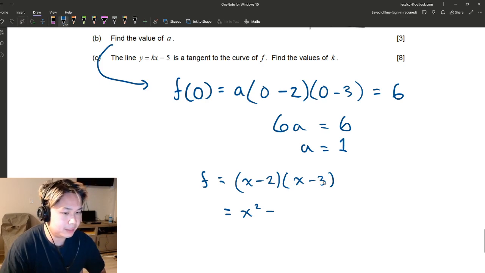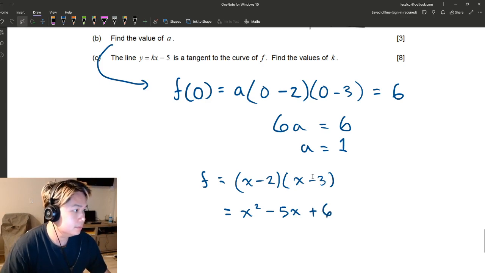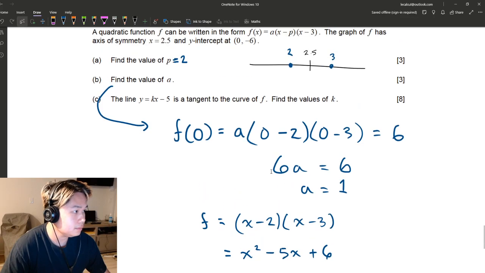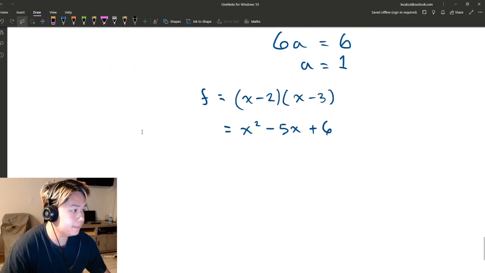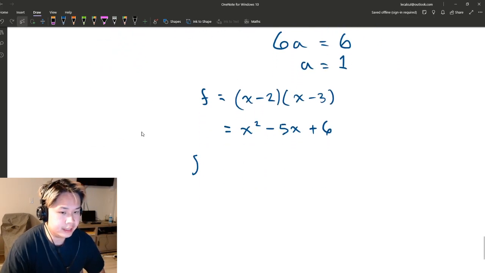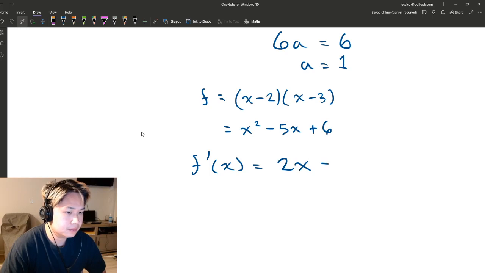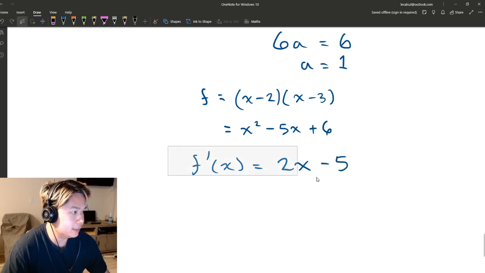I'm just going to expand this out actually, because it's, in my opinion, easier to take a derivative of. Okay. Now, let's take the derivative of this, because the question was talking about tangents, so we'll probably need this. And then we have this.